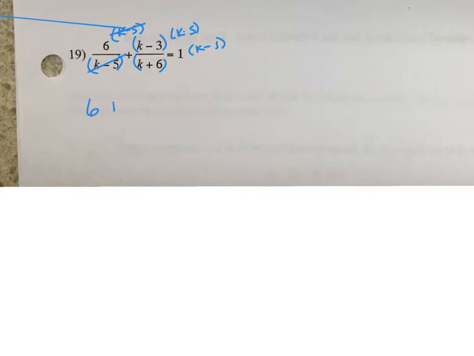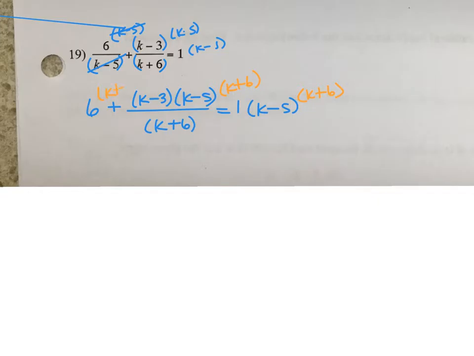I've got 6 plus k minus 3 times k minus 5 over k plus 6 equals 1 times k minus 5. I have one more denominator that I need to eliminate, and that's my k plus 6. All right, k plus 6, k plus 6.